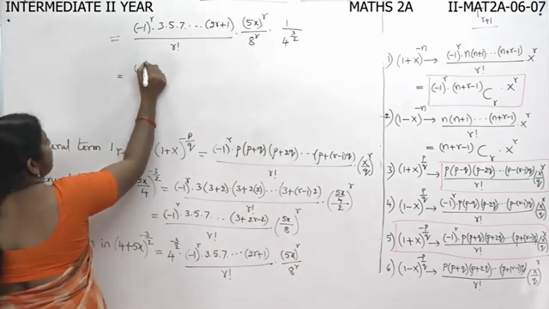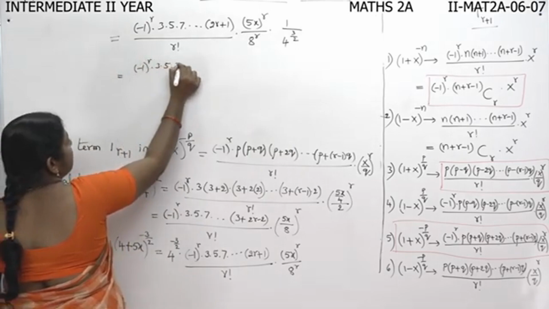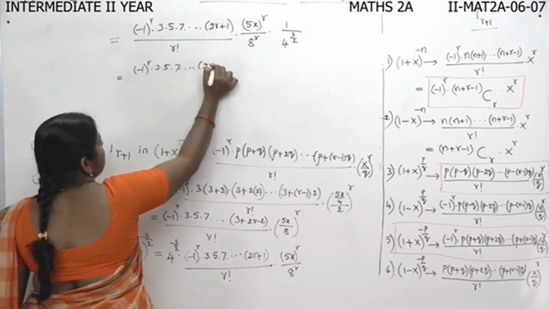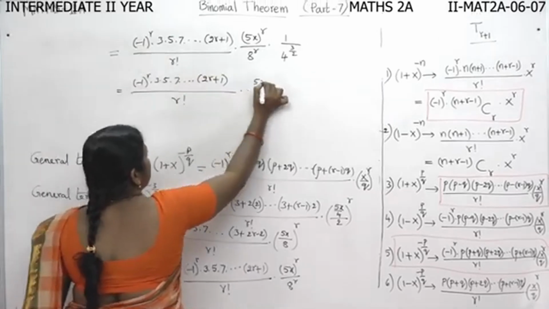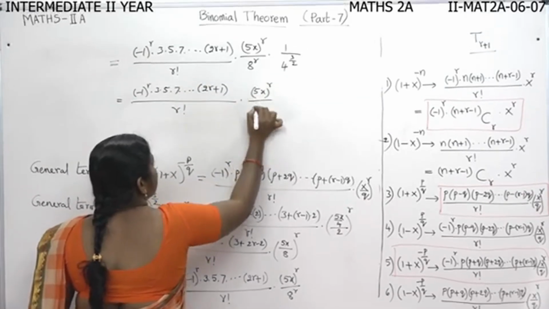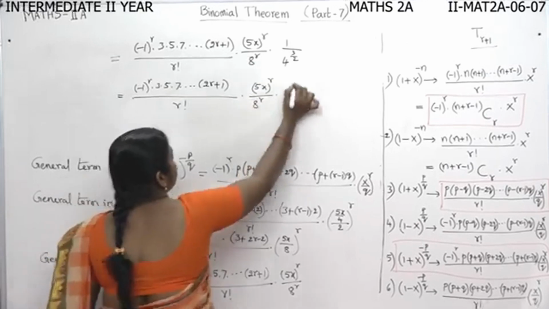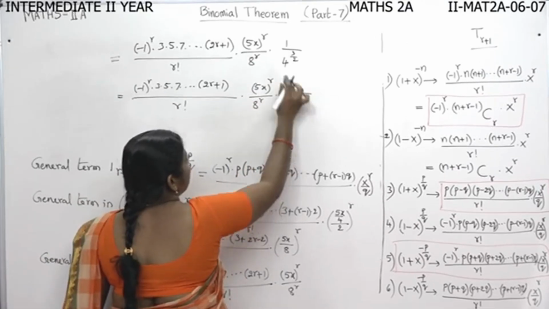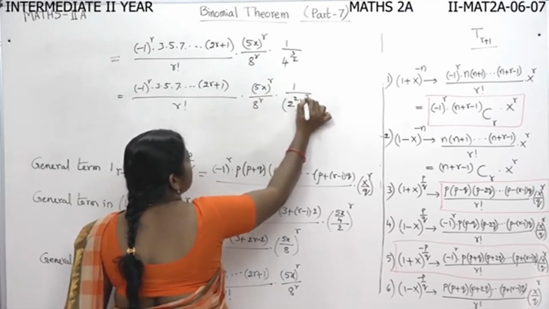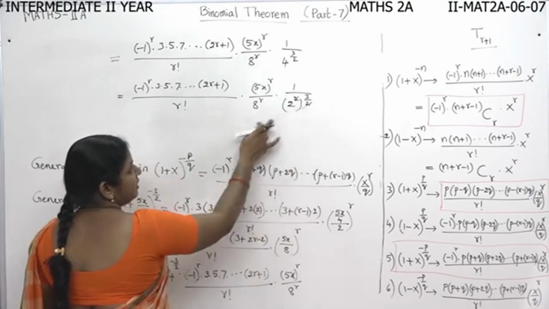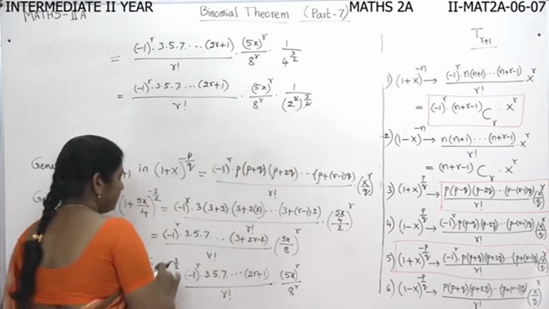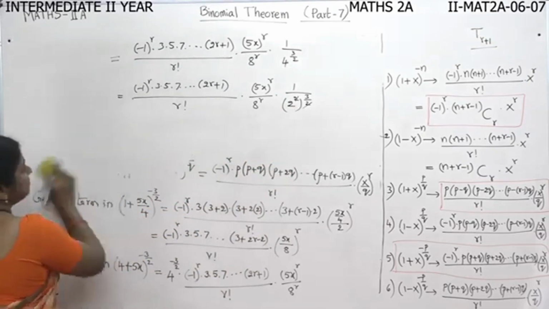So minus 1 to the power of r into 3 into 5 into 7, so on up to 2r plus 1 by r factorial into 5x to the power of r by 8 to the power of r into 1 by 2 square. I can write 4 as 2 square to the power of 3 by 2. I can cancel these two. 2 cube, which is nothing but 8. And here also 8. Bases are same, so you can add the powers.